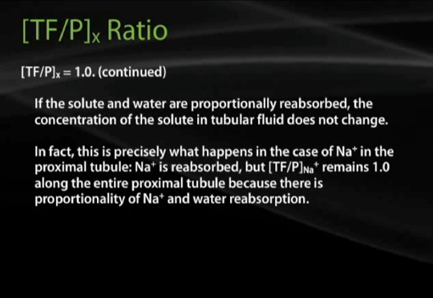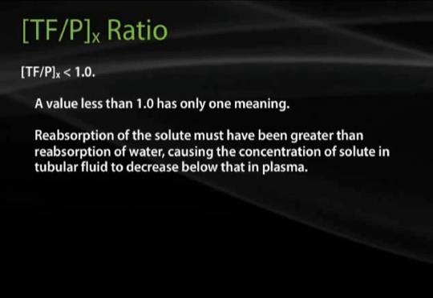If the solute and water are proportionally reabsorbed, the concentration of the solute in the tubular fluid does not change. In fact, this is precisely what happens in the case of sodium. In the proximal tubule, sodium is reabsorbed, but the tubular fluid to plasma concentration of sodium remains 1 along the entire proximal tubule because there is proportional sodium and water reabsorption.